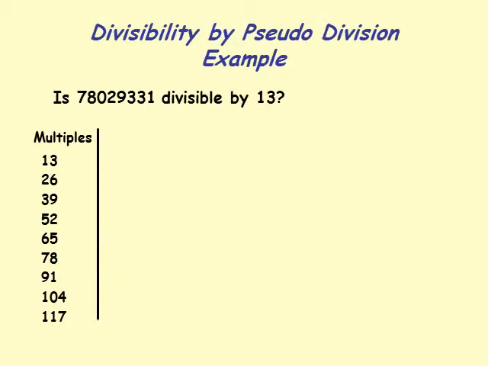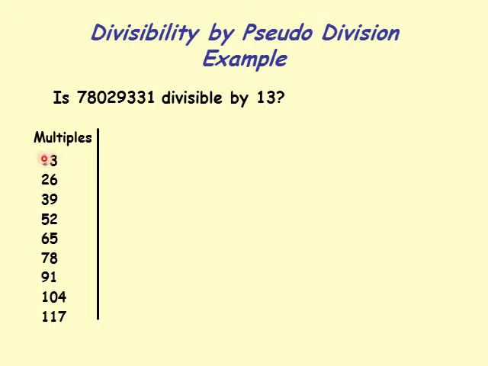Let's check out pseudo division using an example. The example is: is 780293331 divisible by 13? So we'll try to determine if a number is divisible by 13. Here's my cheat sheet. I wrote down multiples of 13 here, and you need to remember some of the multiples, but you don't need to remember all of them.